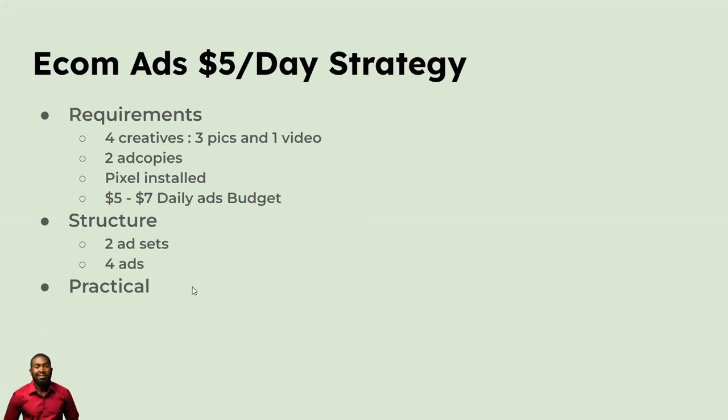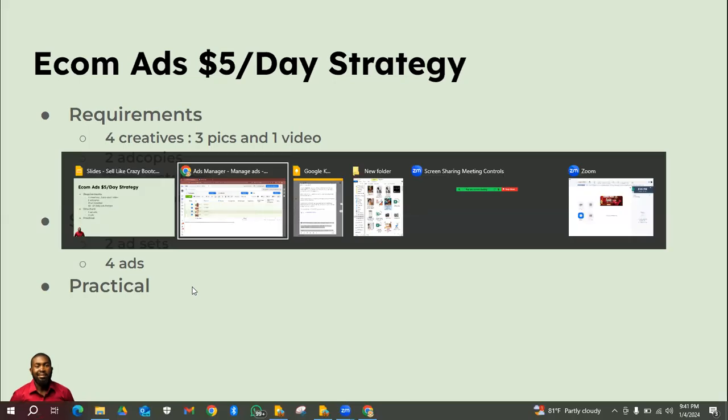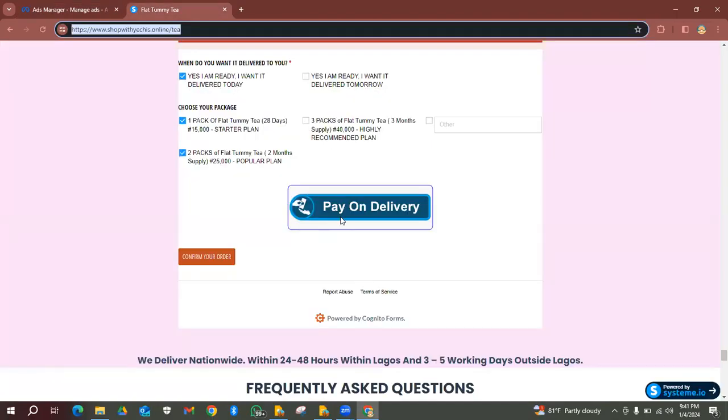Once people click on your link, it will register on Facebook that somebody has created a purchase. And so you are done and you're good to go. So this is exactly how you set up ads for e-commerce using the $5 per day strategy.